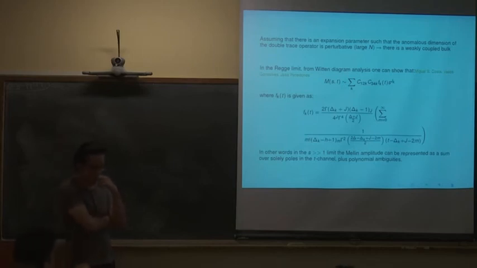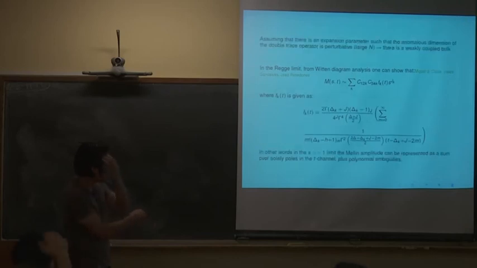Or is this why you're going to the Regge limit, so that the double trace exchanges are not important enough? I haven't thought about that, but maybe I should discuss it later on.